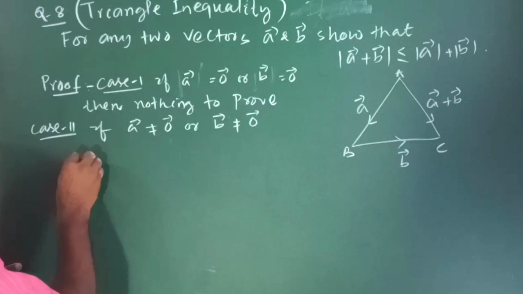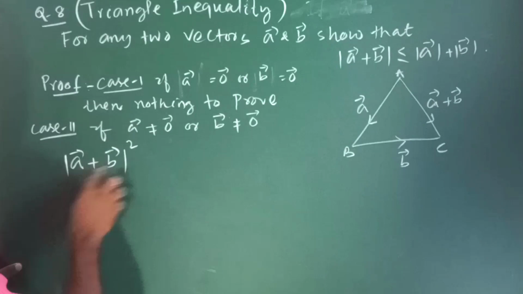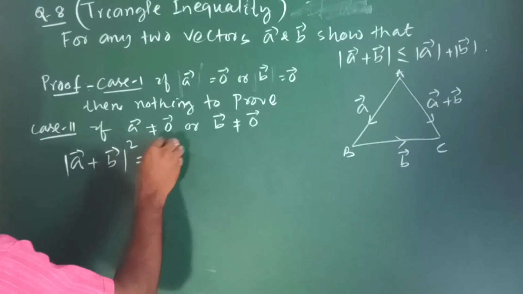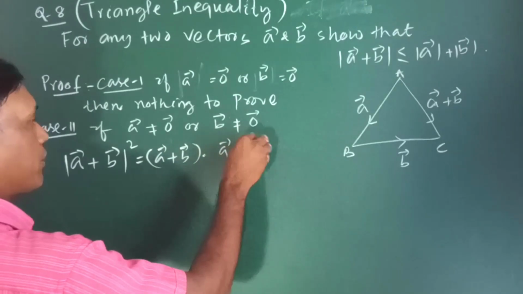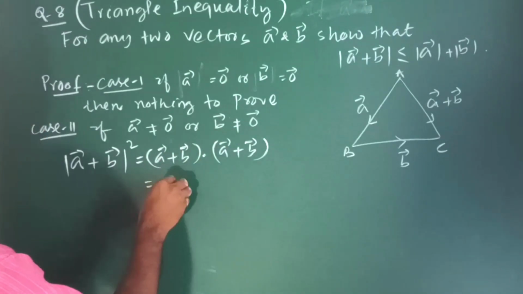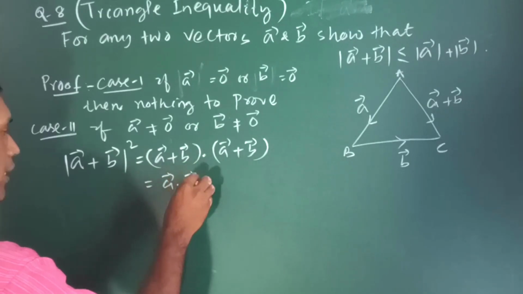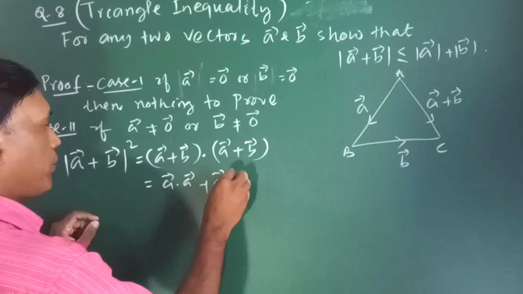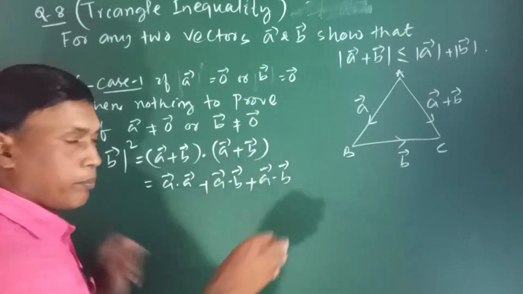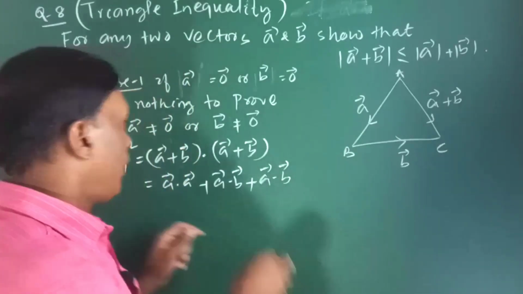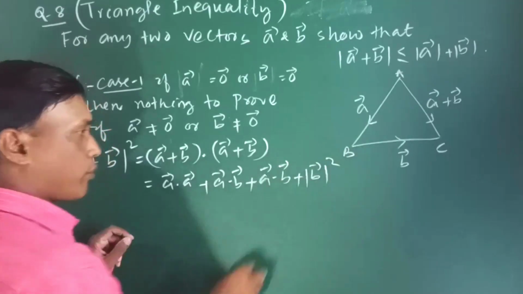Then in that case, we know the square of the magnitude of a plus b is (a plus b) dot (a plus b). If you multiply this, it is a dot a plus a dot b plus b dot a, and b dot a is a dot b because the dot product is commutative, plus b dot b, which is the square of the magnitude of b.